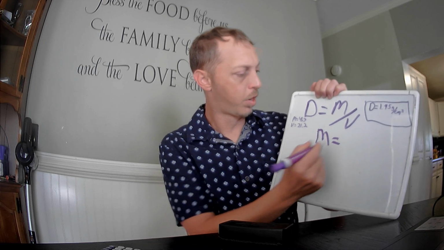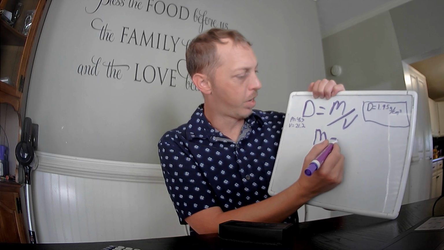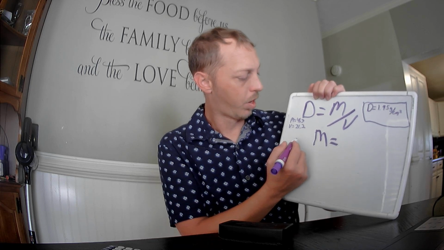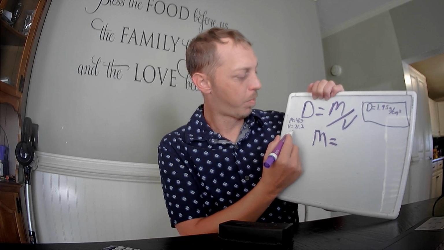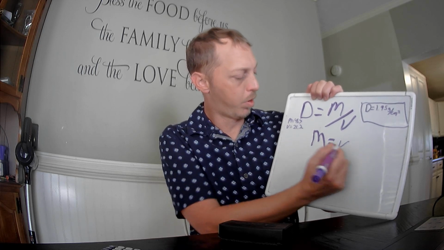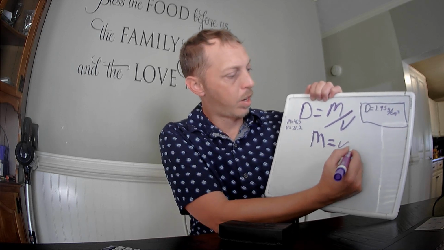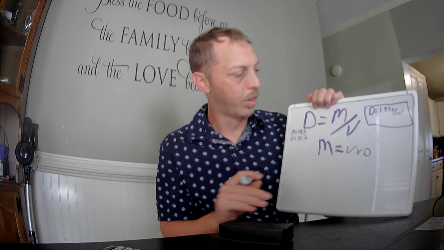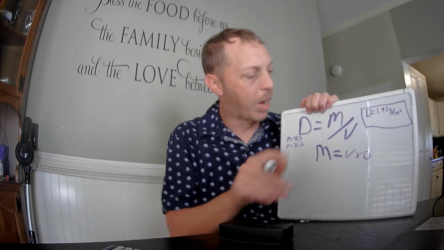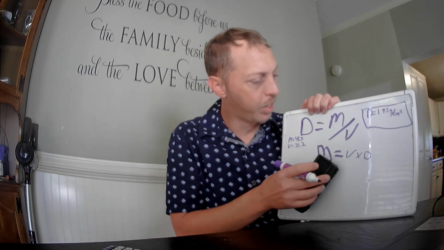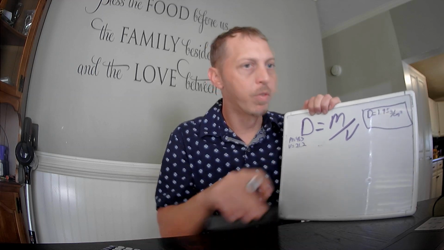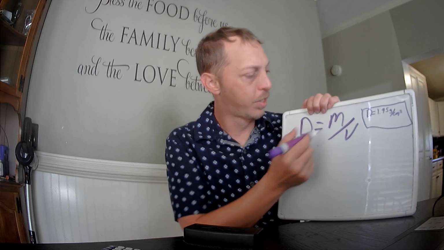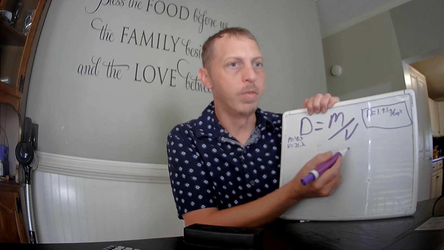Mass equals, and it's going to end up being, all right, so I don't have the mass. Volume times density. All right. So mass equals volume times density. That's how we would flip this around. So if we're trying to find the mass, we're going to multiply the density and volume.